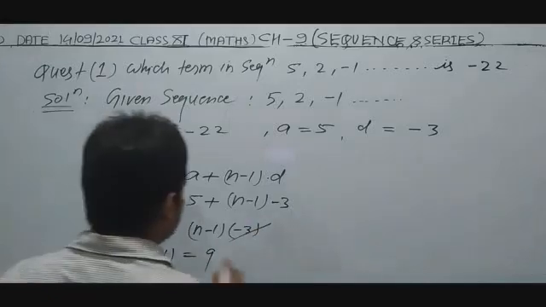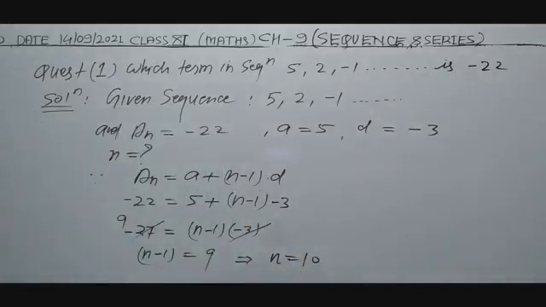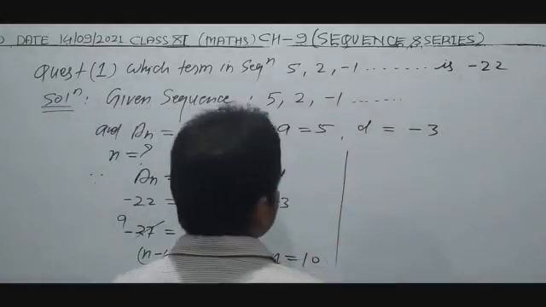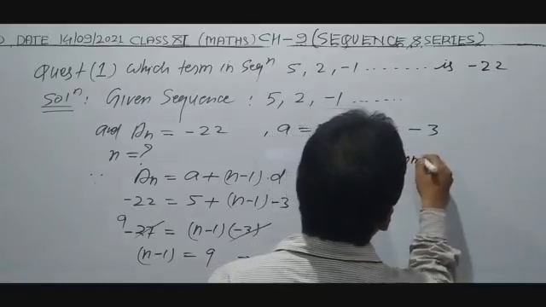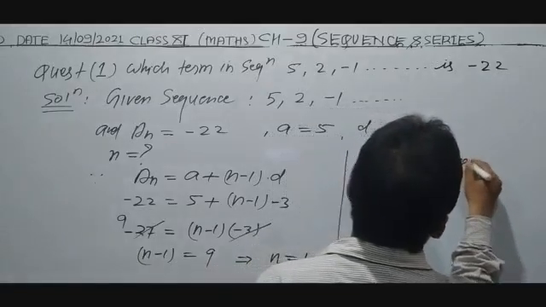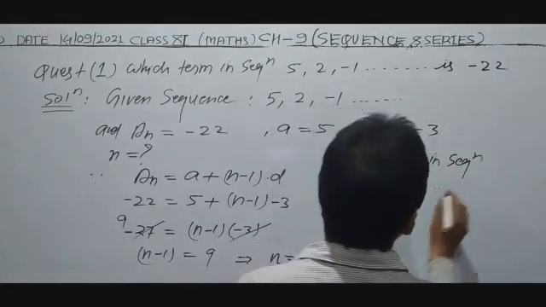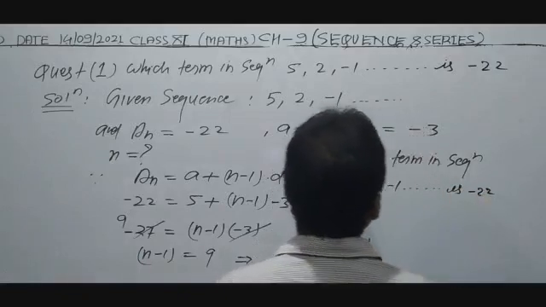So n is equal to 10. Now the 10th term in the sequence 5, 2, minus 1 is minus 22.